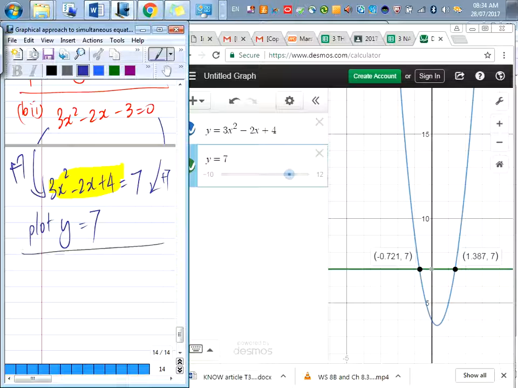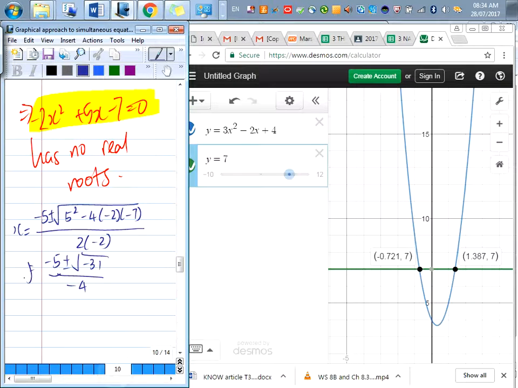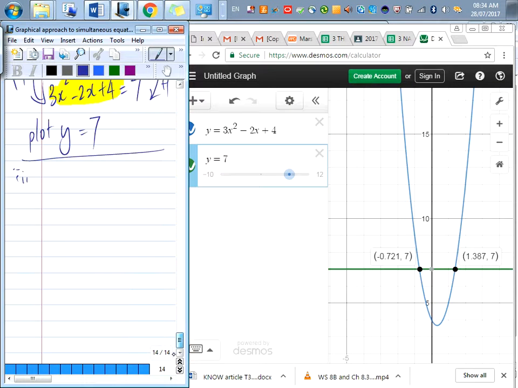And finally, part 3. We want to solve 3x squared minus 2x plus 4 equals x plus 6. I think this is easier than the previous question. What should we plot?